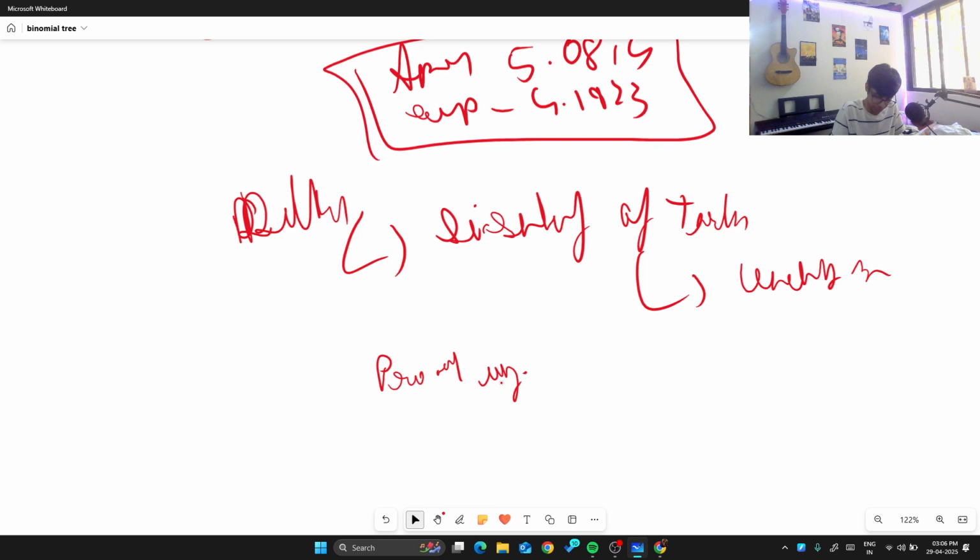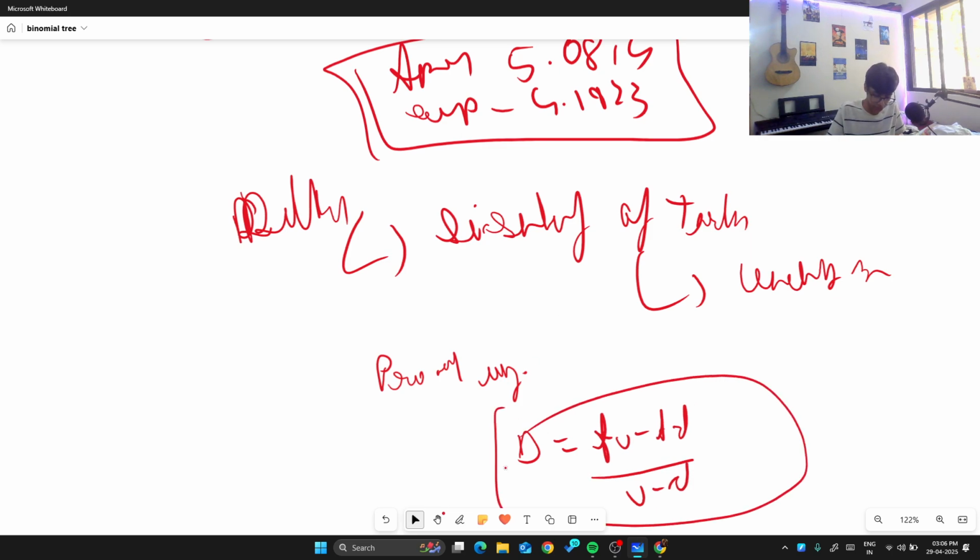And for us, delta can be calculated with our formula (fu minus fd) upon (u minus d). This formula is perfect for calculating the delta, but you can calculate it at every timestamp.